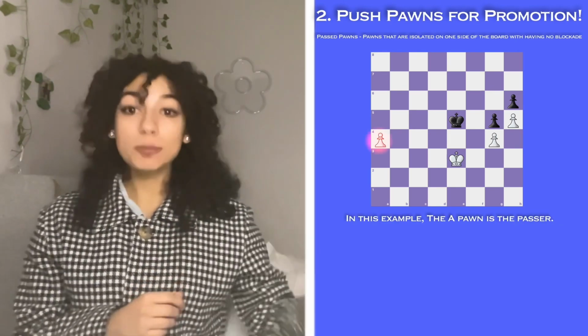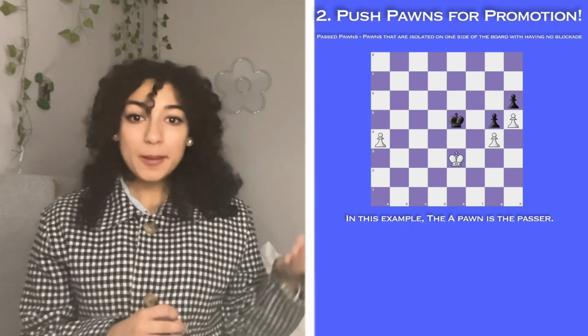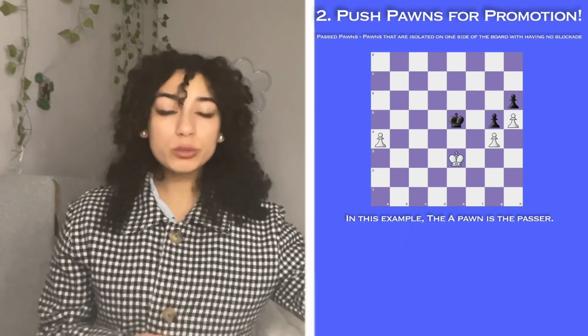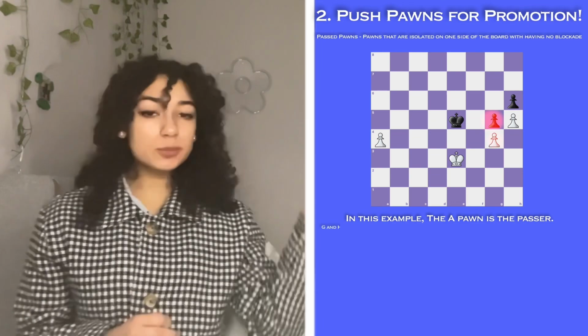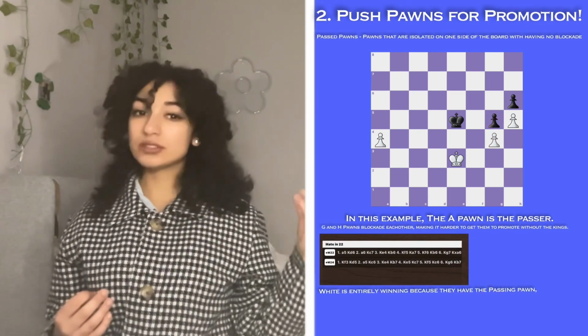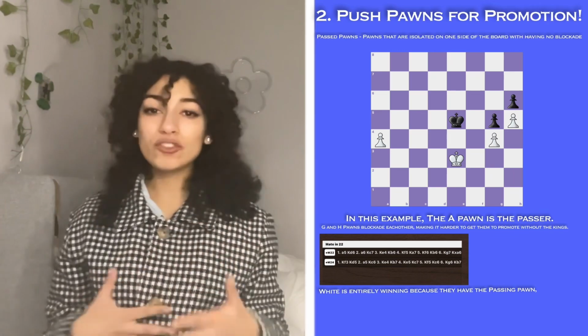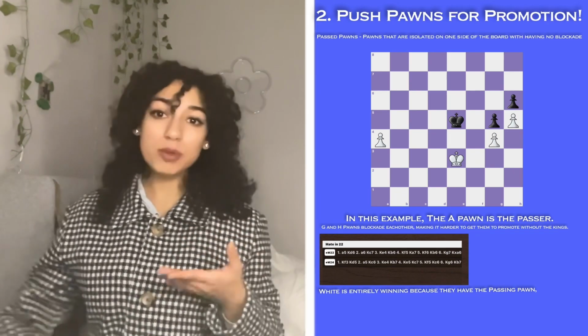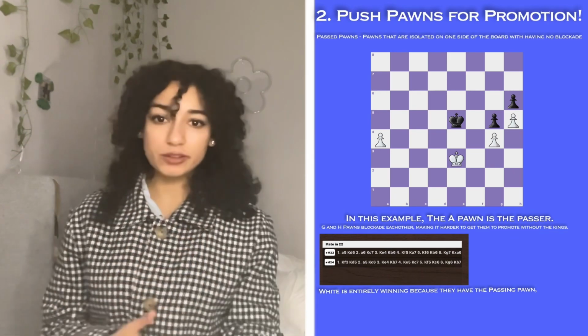You could just push to promote. There's nothing stopping it. But if you look all the way over there, these pawns block each other off. The kings would have to run all the way over there to capture them. It's just a lot of effort, a lot of moves compared to your passed pawn, which you can just push and defend.